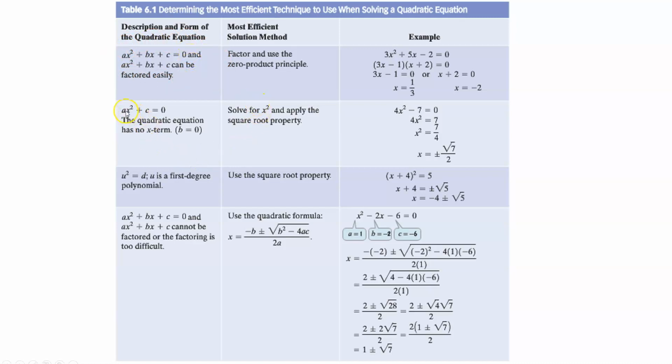If you can get the x squared by itself, like in this case where there's no b, then you absolutely could take the square root of each side. If it's already separated for you, go ahead and do that. The quadratic formula works every single time. So that might be something else for you. Okay, good luck.